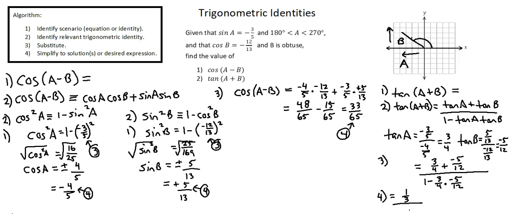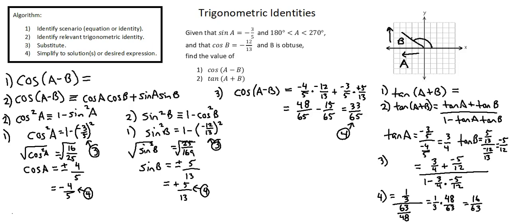And 1 minus 3 over 4 times negative 5 over 12 simplifies to 63 over 48, which is 1 over 3 times 48 over 63. Finally, 16 over 63, which is the exact value of tangent of A plus B.